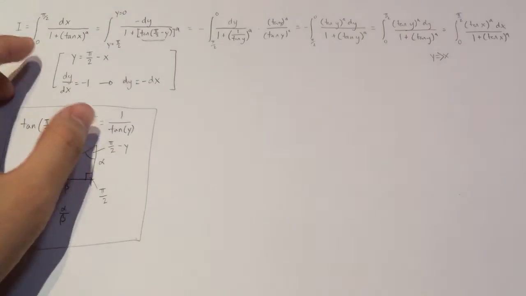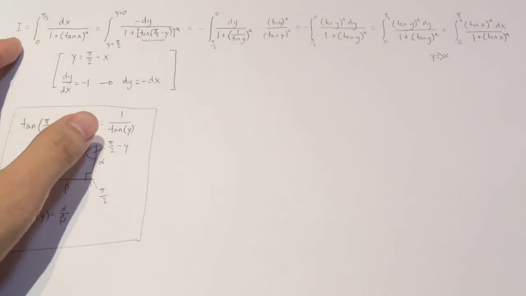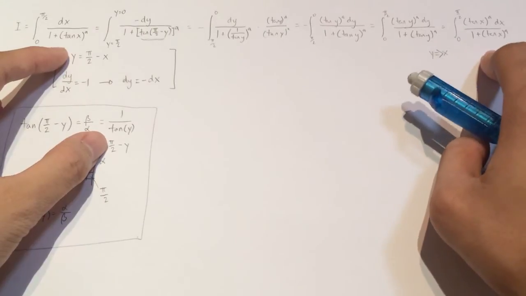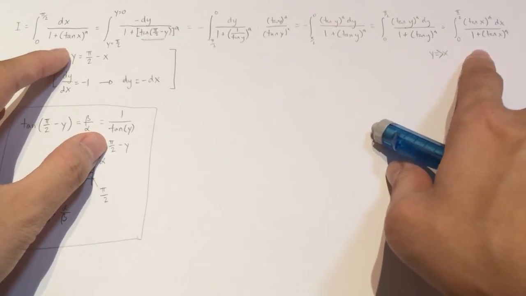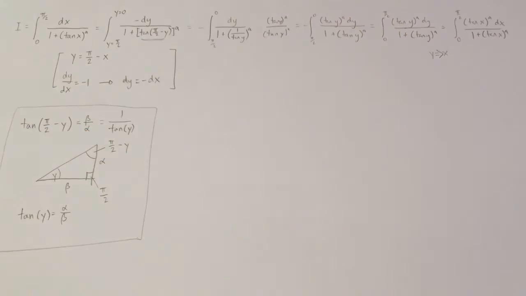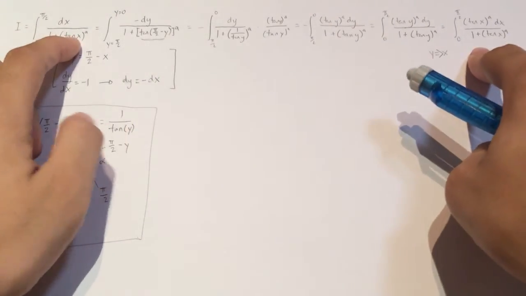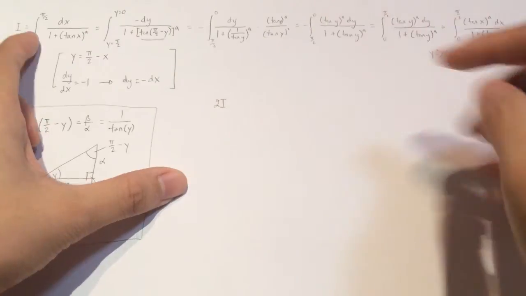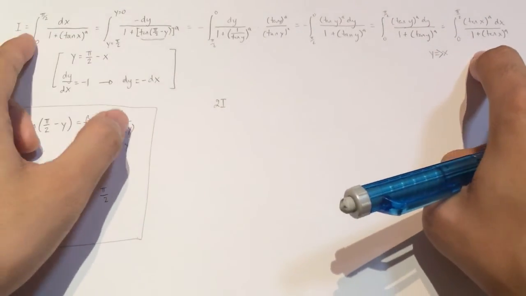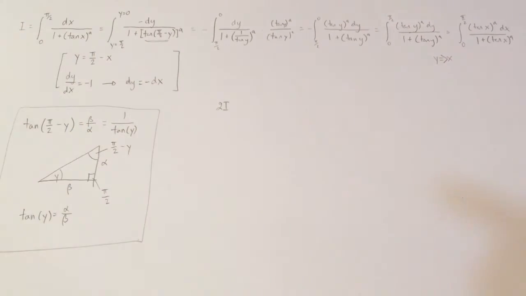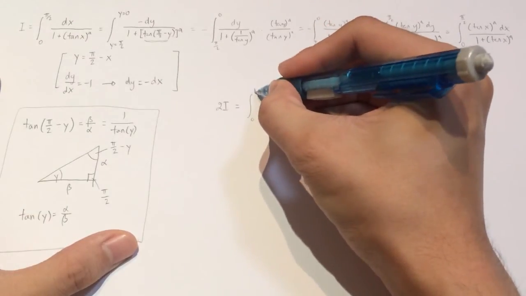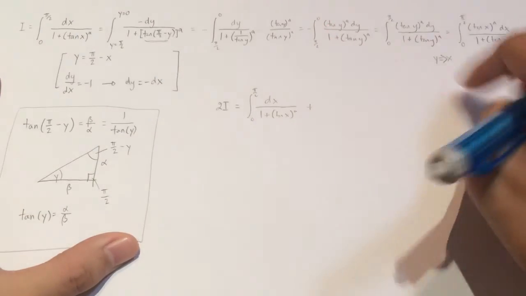So basically, the original integral, which by the way I called I, is the same as this entire line here, and it will equal this part at the end here. So now I'm going to add this to this. Watch this. So 2I, because I'm going to add these two together and they're both equal to I, so it's like I plus I. It will equal the first integral plus this integral here.